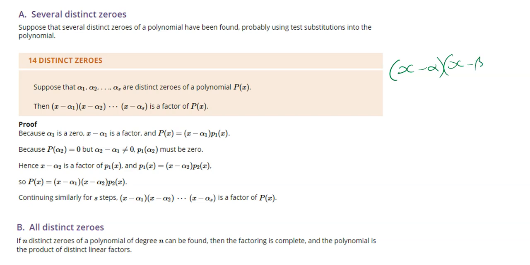So those alphas are what it's talking about there. Then if you have those distinct zeros of the polynomial, obviously x minus alpha 1, x minus alpha 2, however many there are, they're all factors.